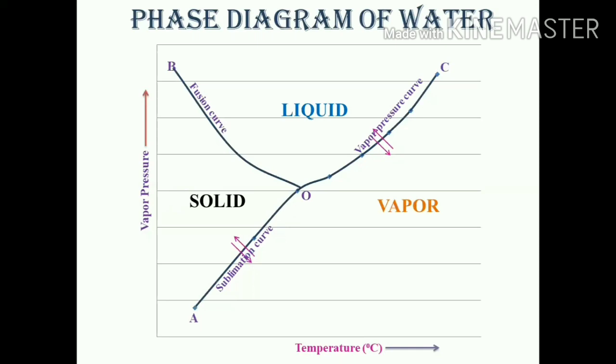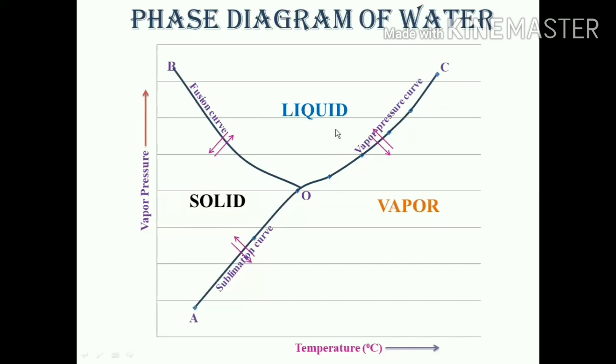It is the equilibrium state between the solid state of water and the liquid state of water. That means along this curve OB, at any point, you will be observing these two phases of water, the solid and the liquid, and both of them will be in equilibrium with each other.